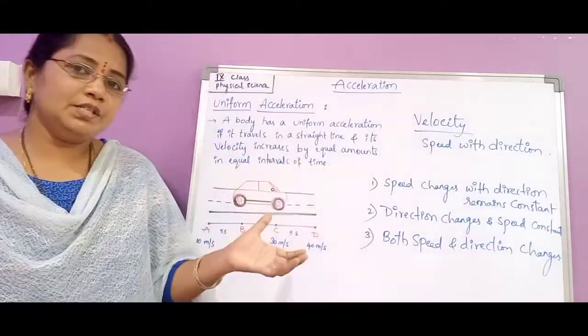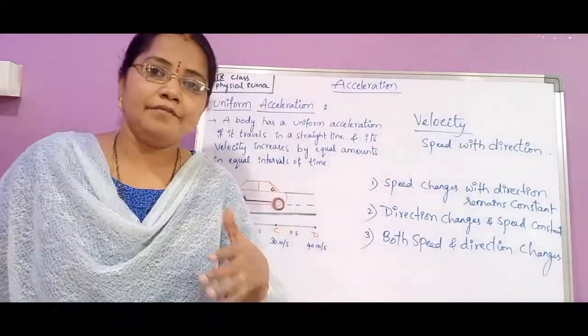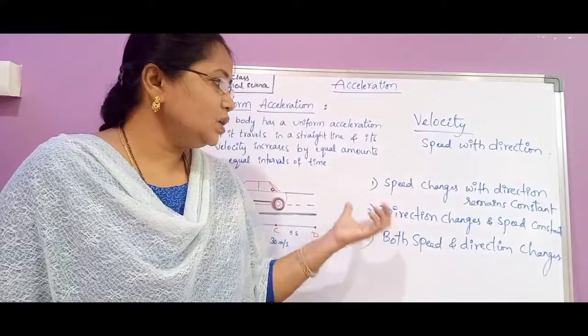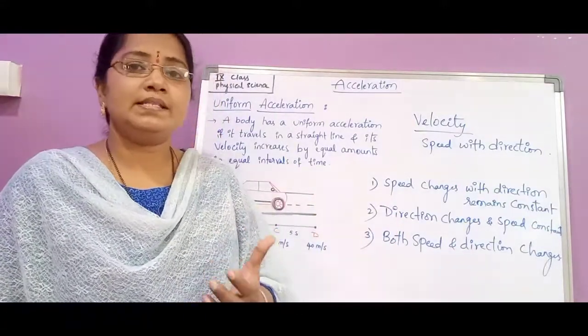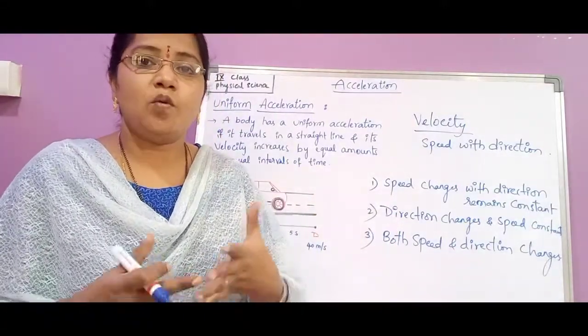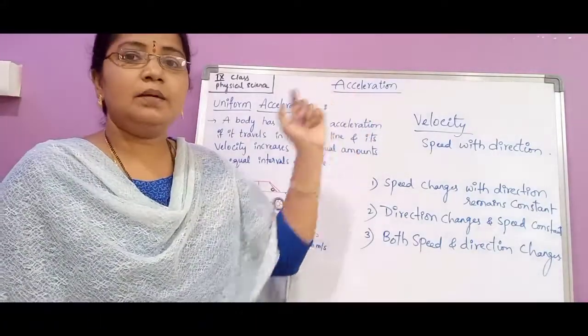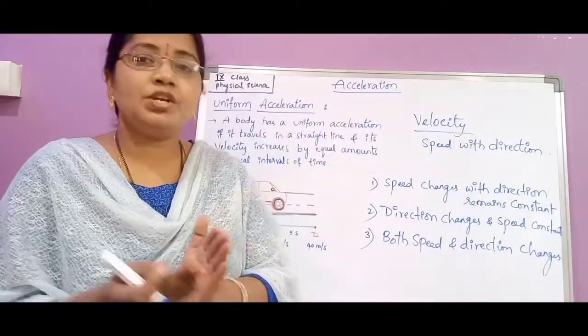So when the velocity changes, we have to notice one important thing: when the velocity of an object changes, the body is said to be accelerated. The body acquires some acceleration. The term acceleration indicates there is a change in velocity.